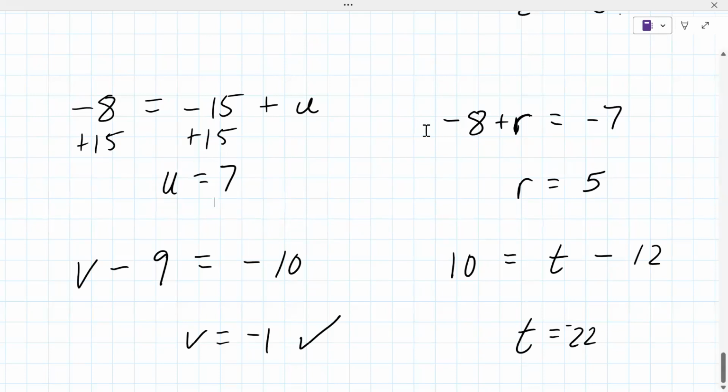All right, try the one on the top right here. R equals. Okay, I got my answer for R. R equals 1. Okay, and how about for T?